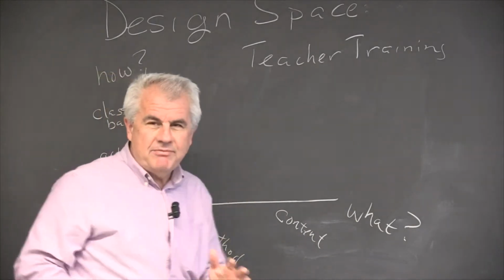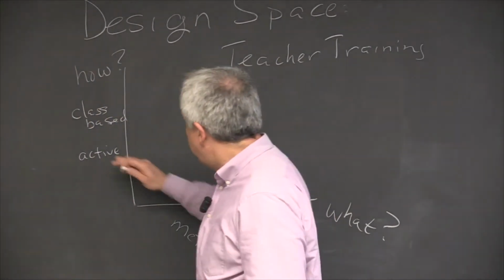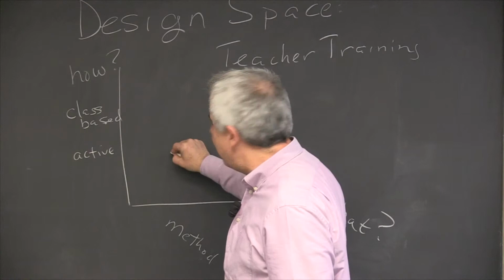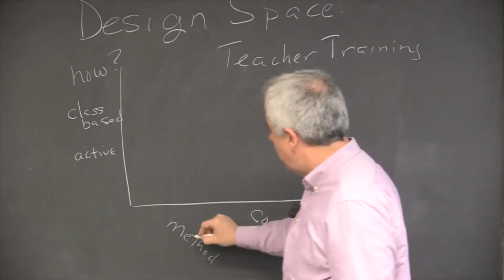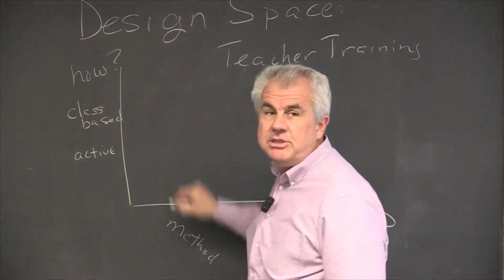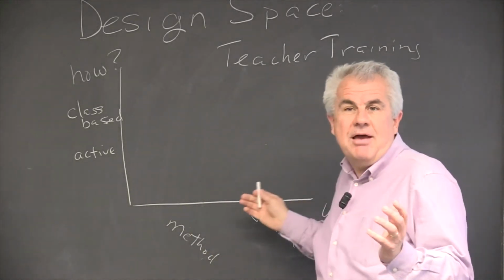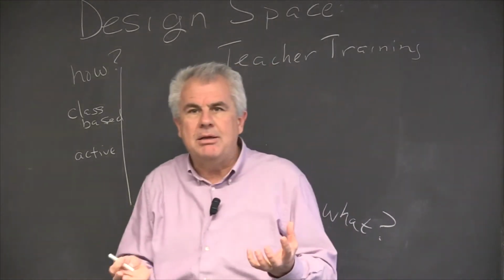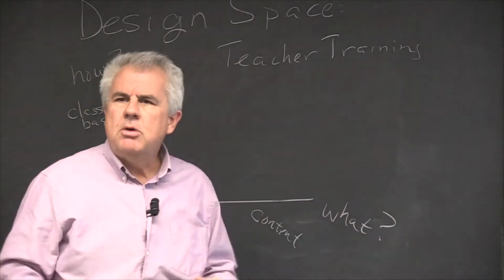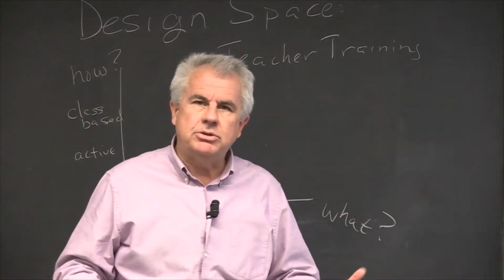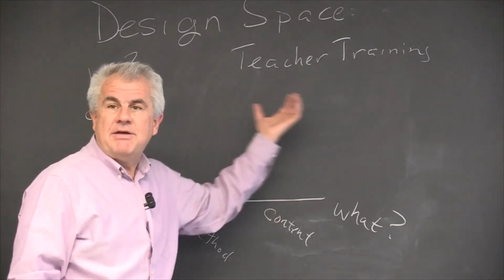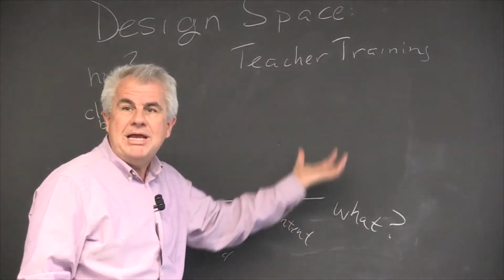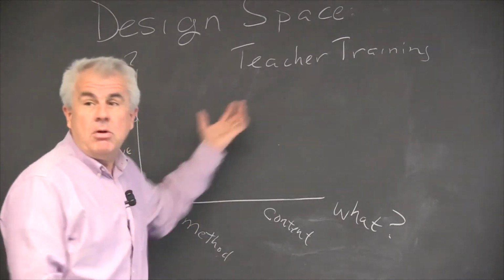So already we have two different ways in which we could transmit method with active learning or transmit content with active learning. We could transmit method with class-based teaching. We could transmit content with class-based teaching. So now, instead of thinking about teacher training as what we're doing, we're thinking about the design space of teacher training. Now already there are 4 conceptually very different projects or ways to go about teacher training, and we're only beginning.